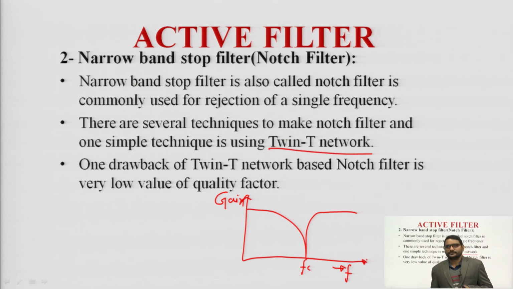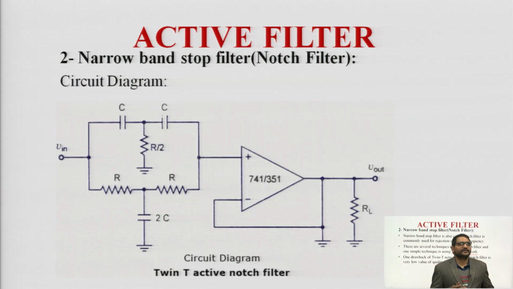The twin T network is used for the design of a notch filter, but one drawback of the twin T network is it gives a lower value of quality factor, and for precise tuning we need a high value of quality factor. So, for this reason we insert some network along with the twin T, and finally, we get a better value of quality factor.